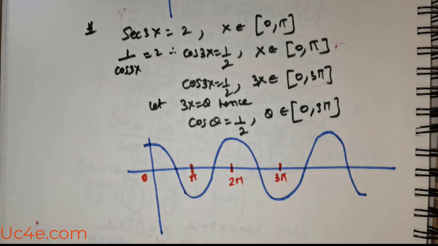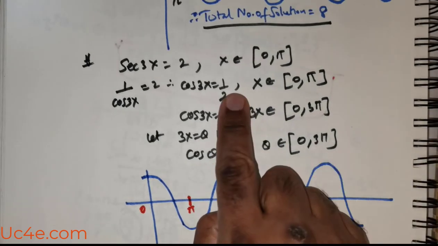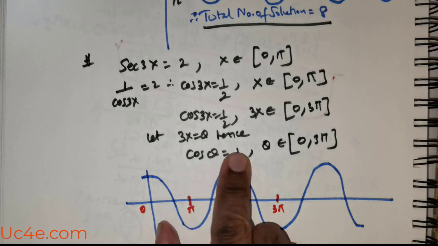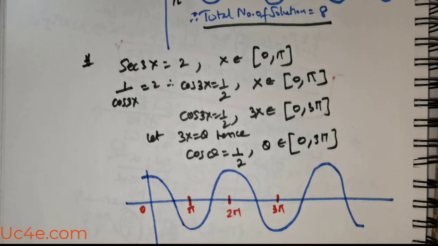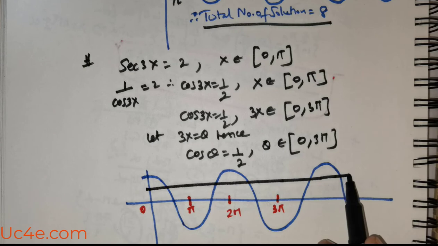Now if I were to draw the value y is equal to 1 over 2, let me draw the graph, y is equal to 1 over 2, and find out the number of hits from 0 to 3 pi.